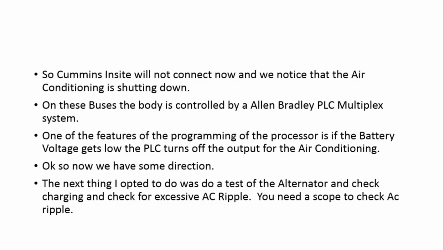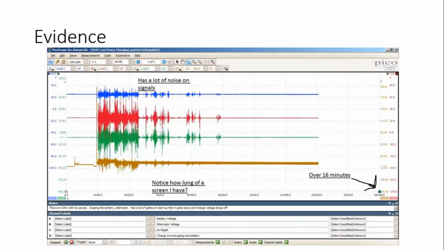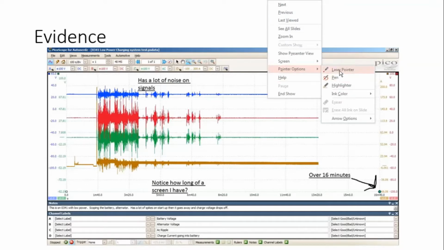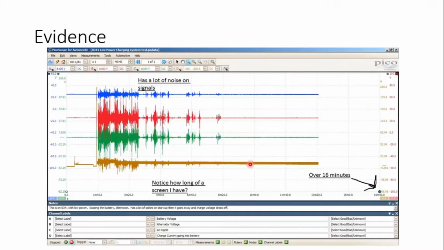And in order to check AC ripple, you have to have a scope. So here's my evidence. Let me get my pointer out. If you look here, channel A is my battery voltage, channel B is my alternator voltage, channel C is my AC ripple, and channel D is the charge current going into the battery.